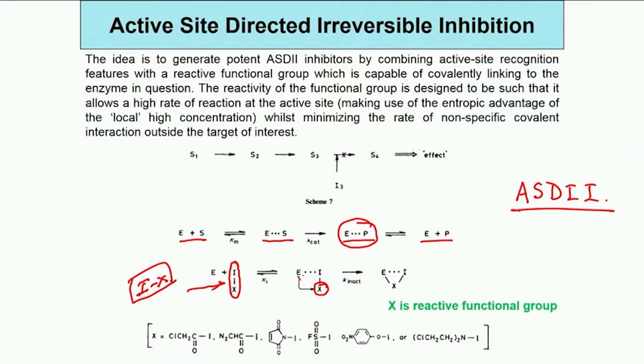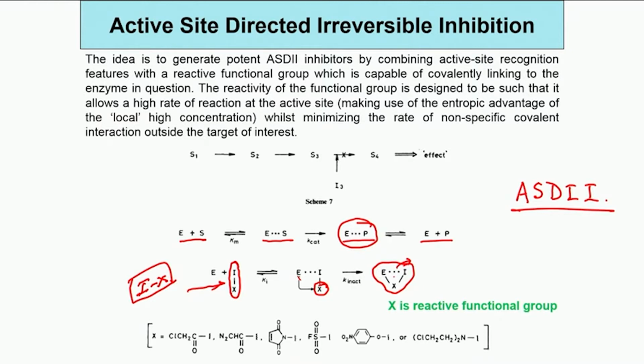So, there is a covalent bond formation between E and X, because you are doing a reaction now. Even if I tries to go out, it is now bound to the enzyme via this X-E bond. Okay. So, that is what active site directed inhibition is.